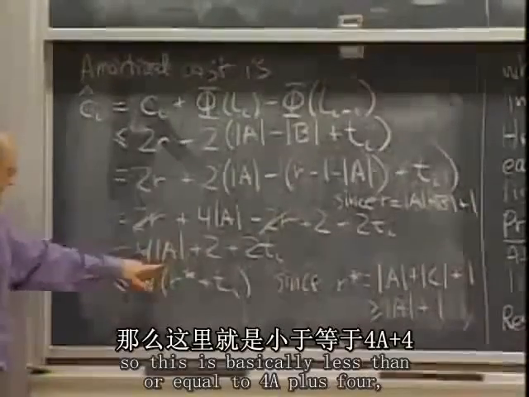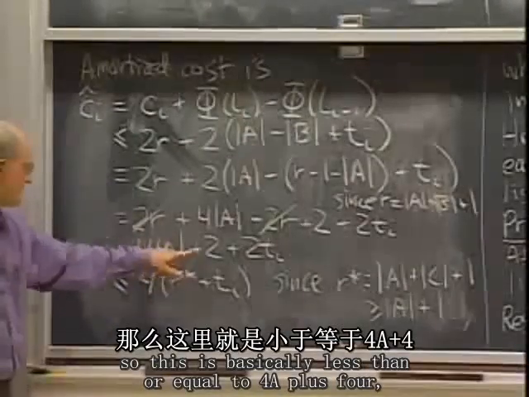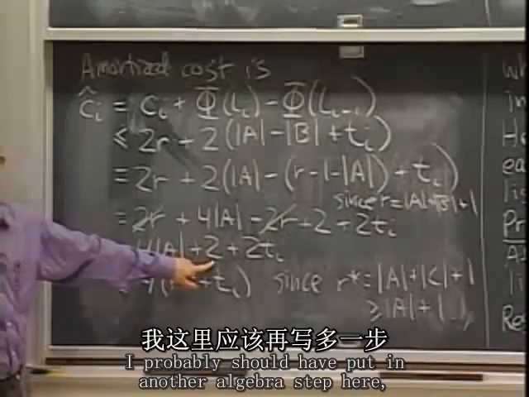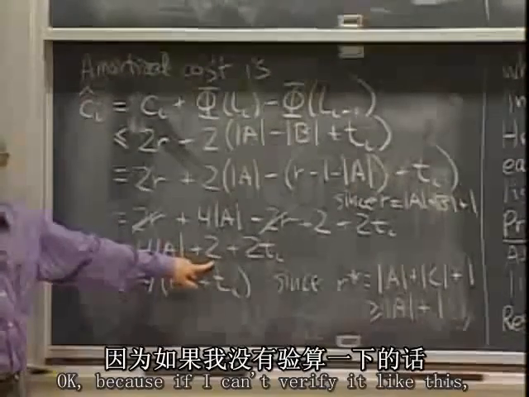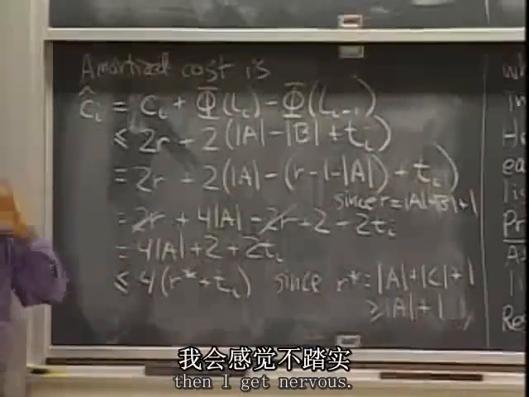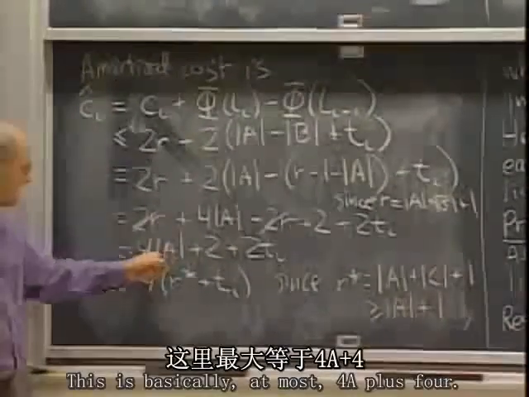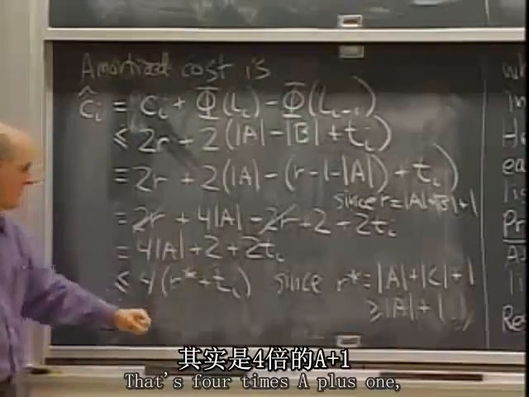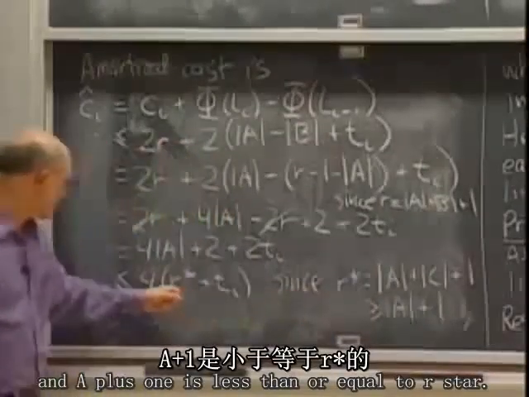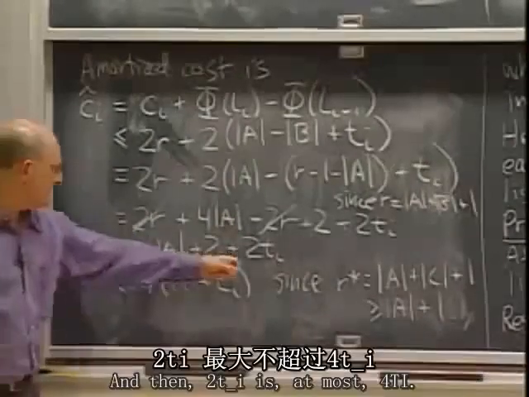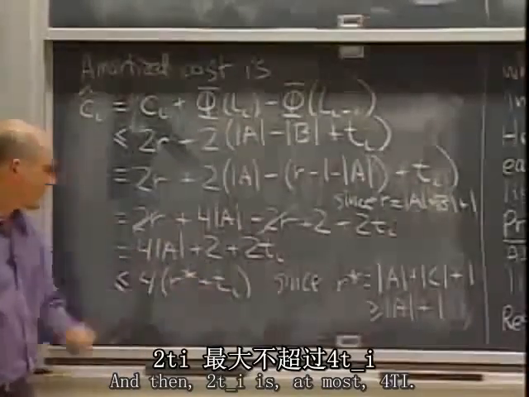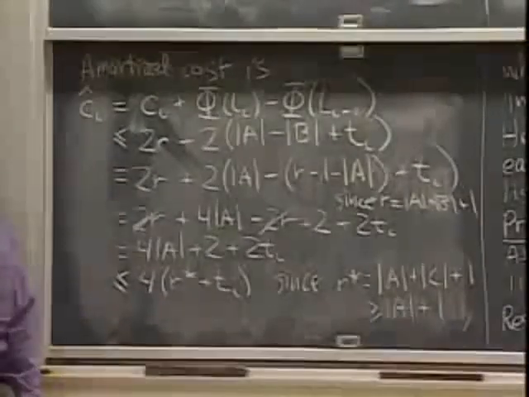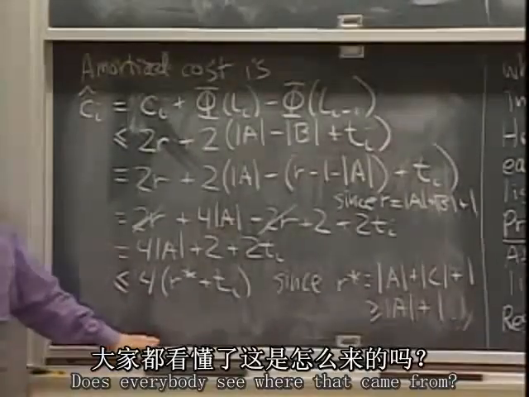So this is basically less than or equal to 4a plus 4, which is 4 times a plus 1. Probably should have put in another algebra step here, because if I can't verify it like this, then I get nervous. But this is basically at most 4a plus 4. That's 4 times a plus 1, and a plus 1 is less than or equal to r star. And then 2 t sub i is at most 4 t sub i. So I've got this. Does everybody see where that came from?